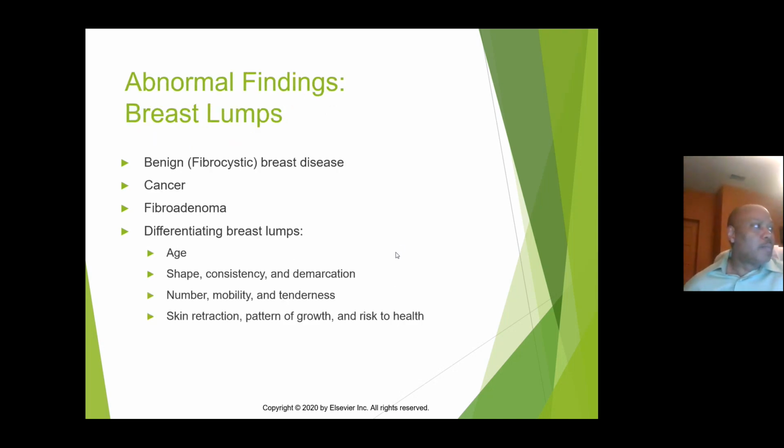All right. As far as breast lumps are concerned, I want you all to take a look at some of these terms: benign breast disease. Not all masses are malignant or cancerous. Take a look at the term cancer, also fibroadenoma, and also differentiating breast lumps.